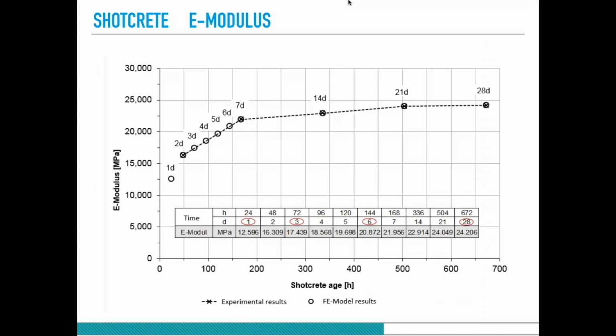About the shotcrete, how we model the shotcrete. The elastic moduli of the shotcrete are taken from the data of the laboratory of the tunnel construction chair of my university. But the way I modeled it in DIANA was a linear elastic model.